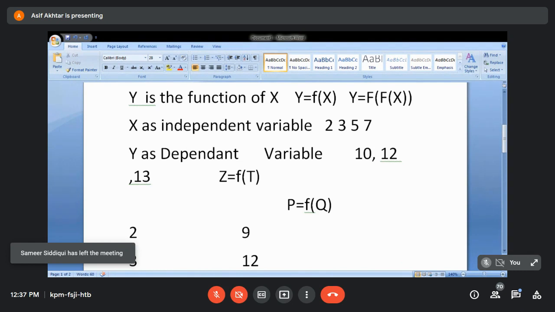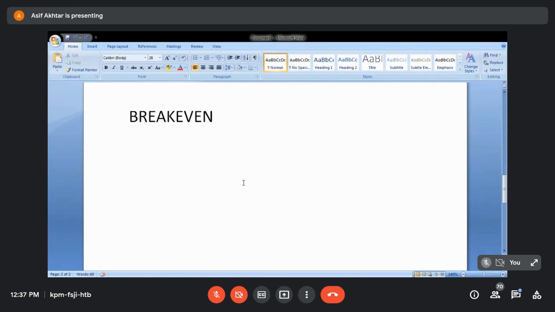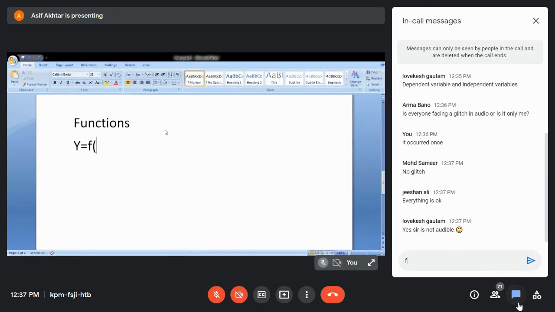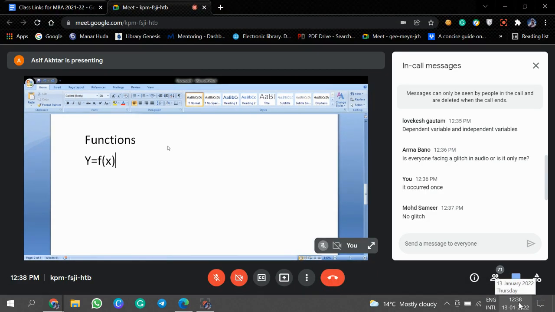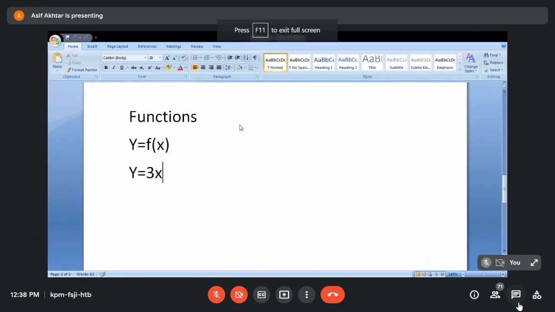Now let me start with the exact expression of this function. If this is clear to you, I'm talking directly on functions. So I'm saying that y equal to f(x) is the function notation. This can be like y equal to 3x plus 6.